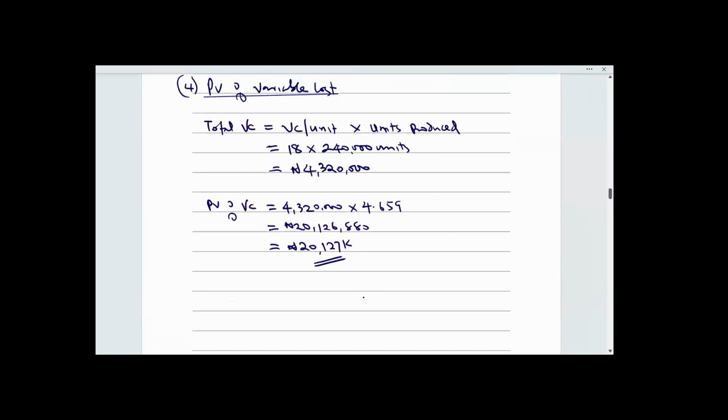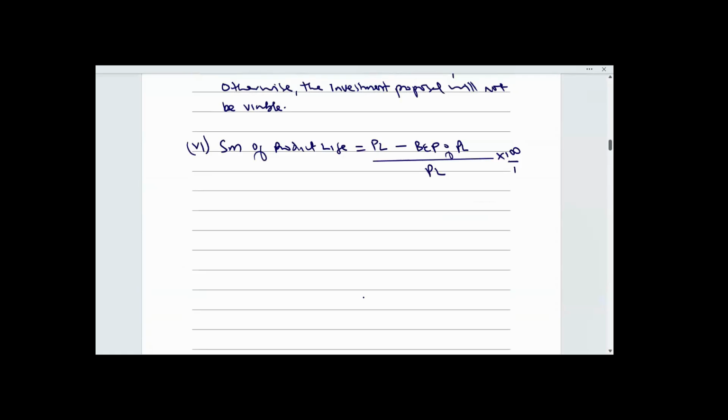So in this case, I would then go back here to say, project life is 10 years minus break-even point of project life, which is 9.03, divided by project life of 10 years, all multiplied by 100 over 1.